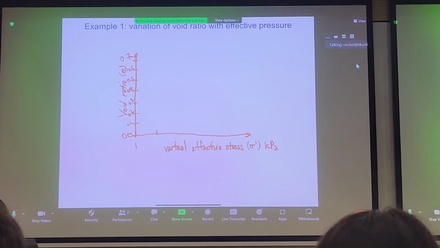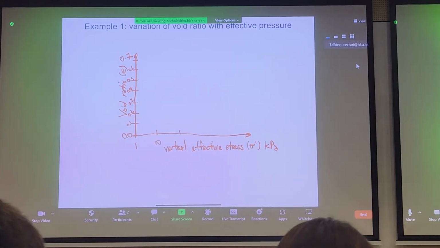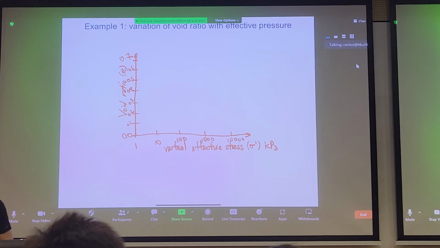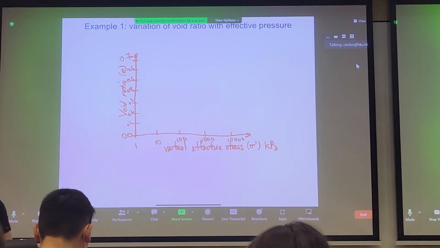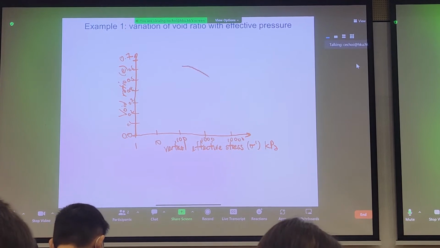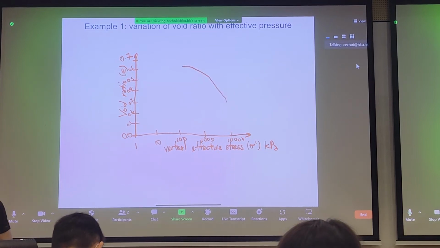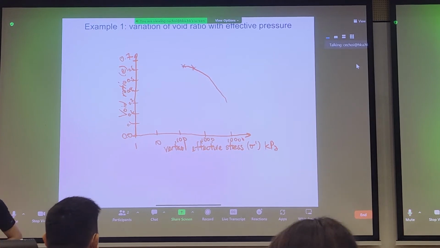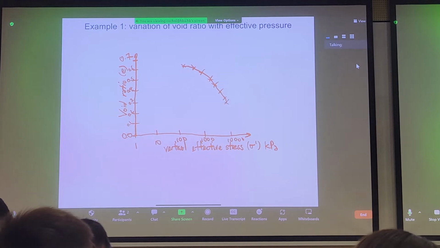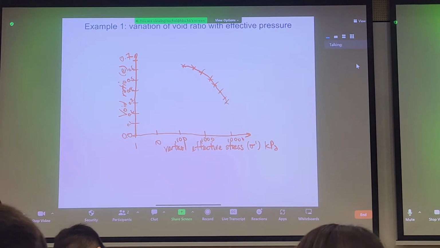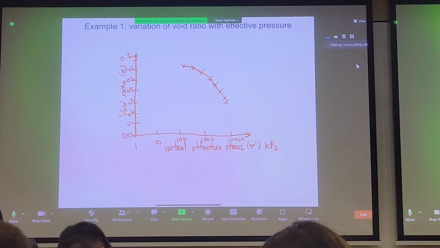So this is a logarithmic plot here. We're going up an order of magnitude each time. And if you plot the data from the previous table, you should get some curve like this. There should be about 8 data points, and so forth.